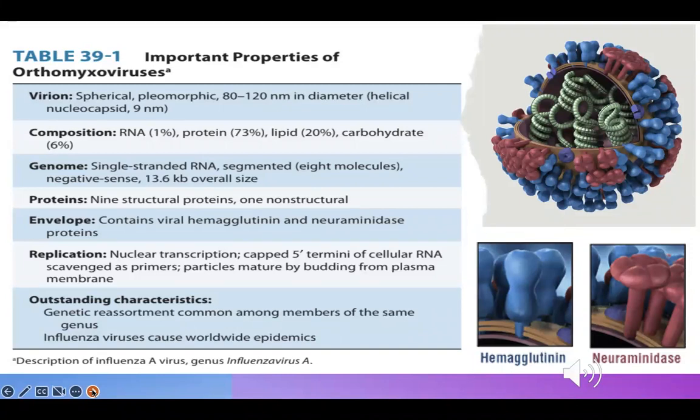Their genome is also negative sense. And they do have structural proteins similar to the other infectious agents. Their envelope contains glycoproteins, hemagglutinin and neuraminidase, which play a very important role in their invasiveness as well as infectivity. These characteristics are actually basic to, or common to, the influenza virus type A.